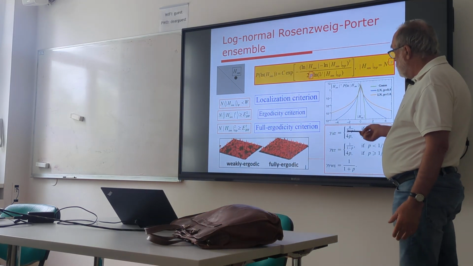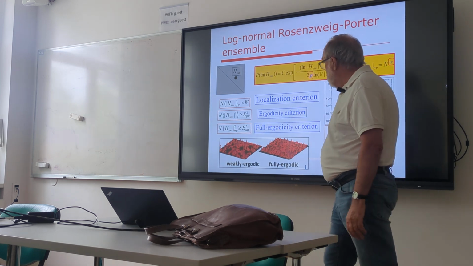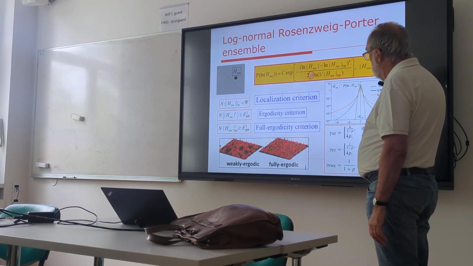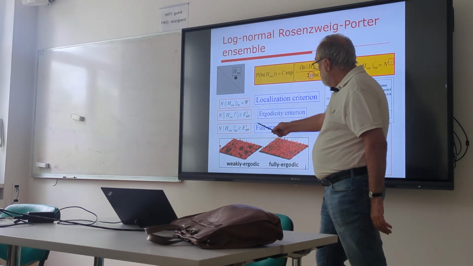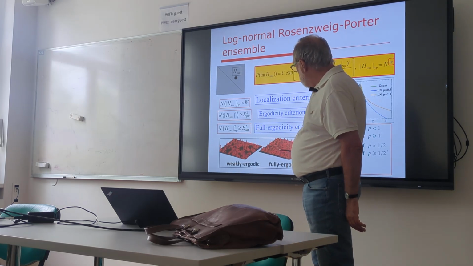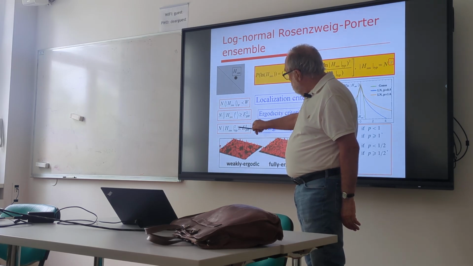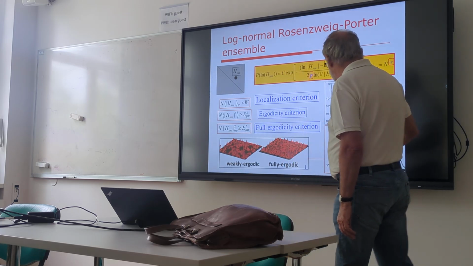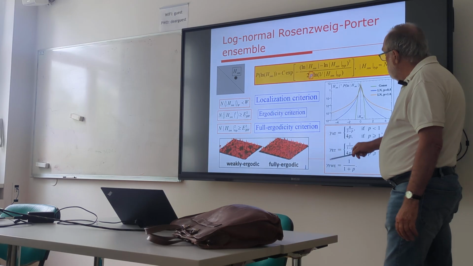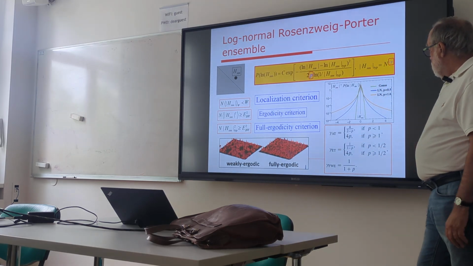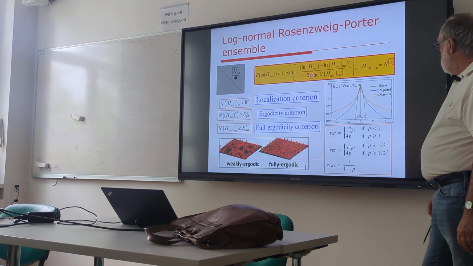And if you use this criterion, this is actually the criterion for the fully ergodic phase. If there is an equality here, then there is a transition point, and this transition point can be computed, and it is equal to such a dependence on p.